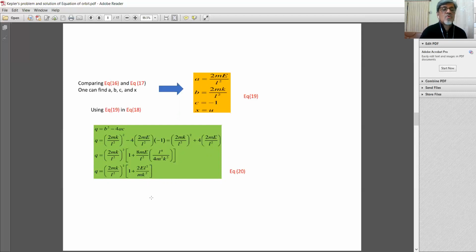So to evaluate q using equation number 19 in equation number 18. So q is equal to b square minus 4ac.